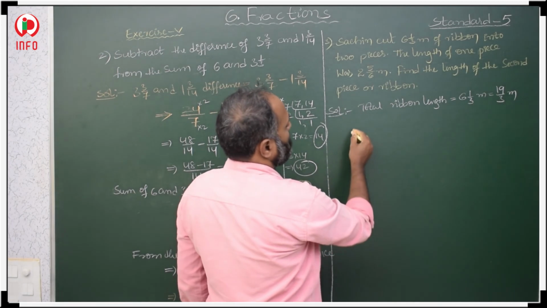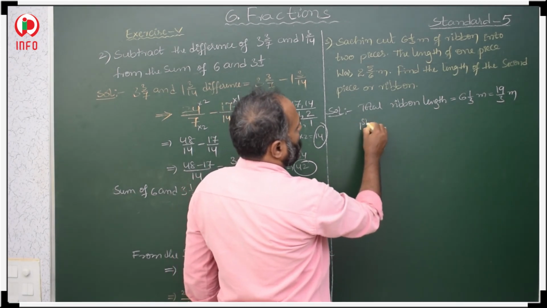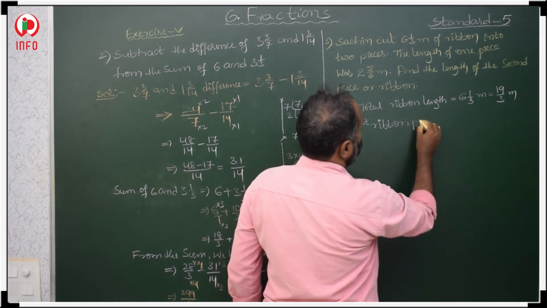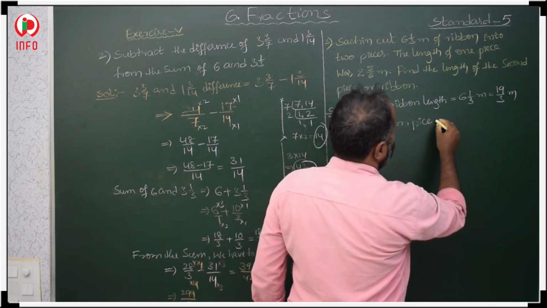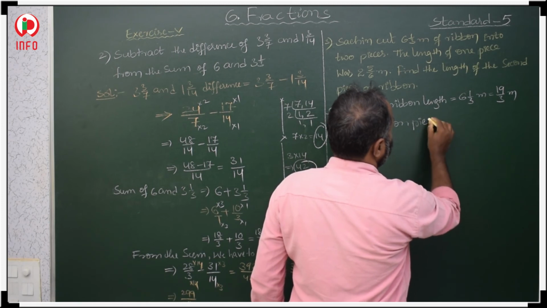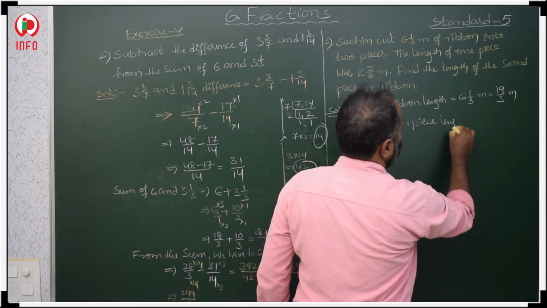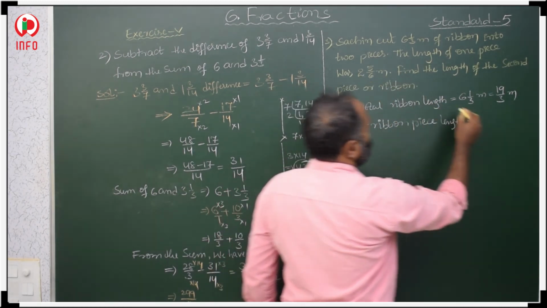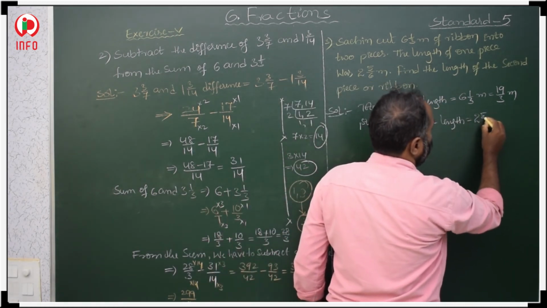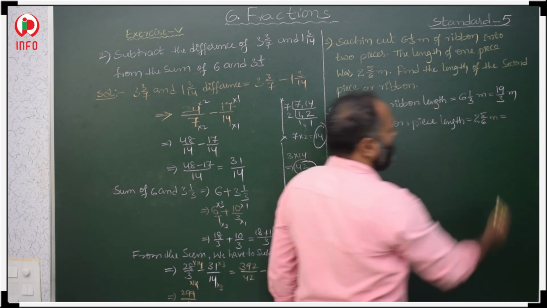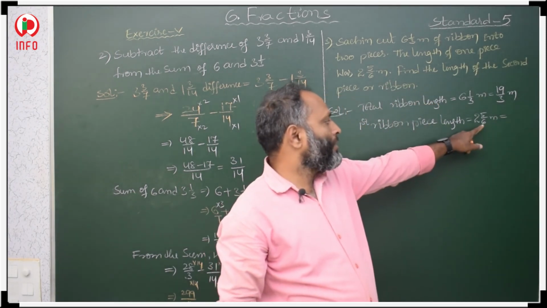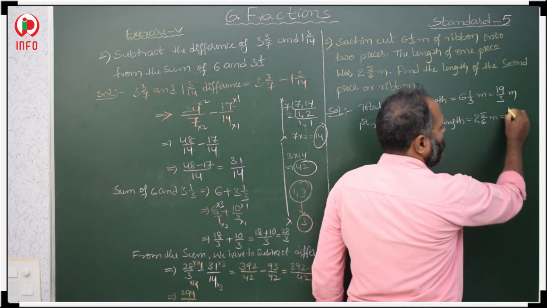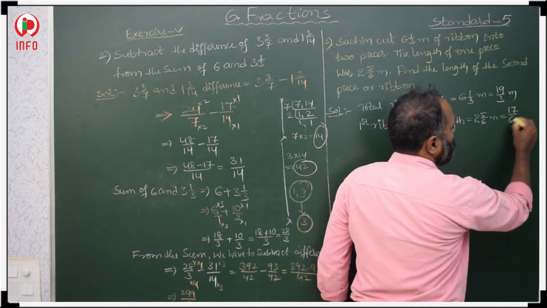Then first ribbon piece length is equal to 2 5/6 meters. It means 6 2s are 12, 12 plus 5, 17/6 meters.